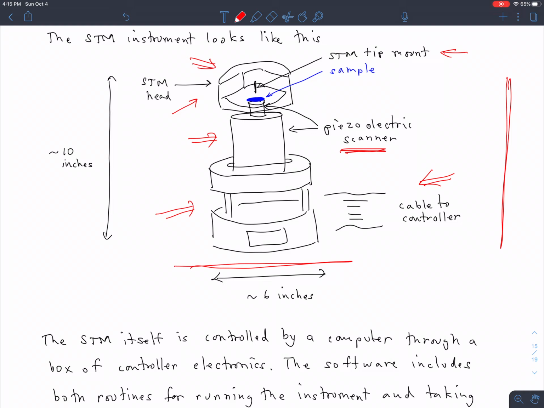You have to order a few high voltage amplifiers and the like, and it probably costs you a few hundred dollars by the time you're done. But you can build your own atomic resolution, high resolution scanning tunneling microscope on your own, in your garage, at your kitchen table, wherever you want, with not too much effort if you know what you're doing.